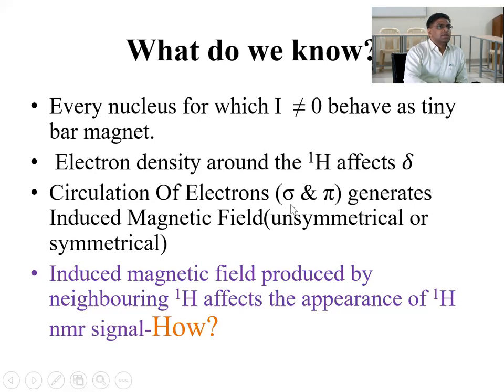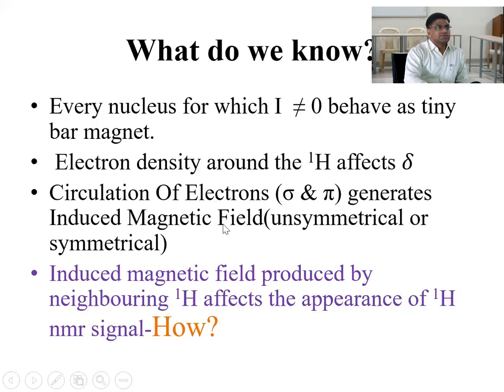When we put the compound which contains magnetic nuclei like protons under the influence of external magnetic field, these electrons, either sigma electrons or pi electrons, start to circulate. And this circulation of the electrons generates induced magnetic field, also called secondary magnetic field.